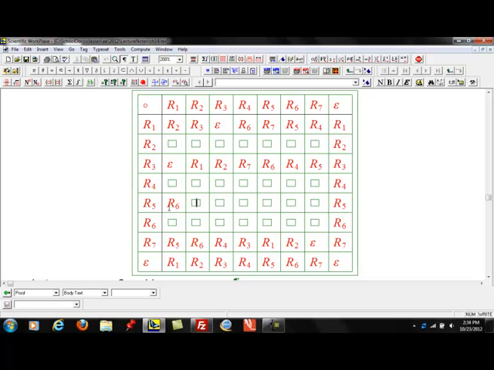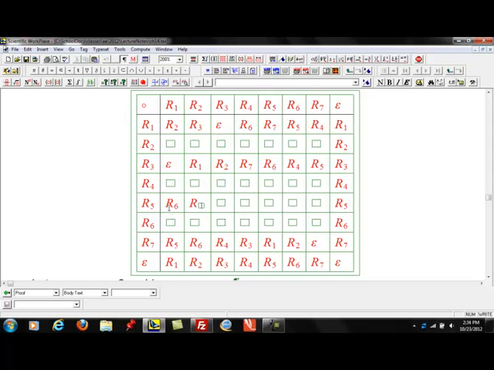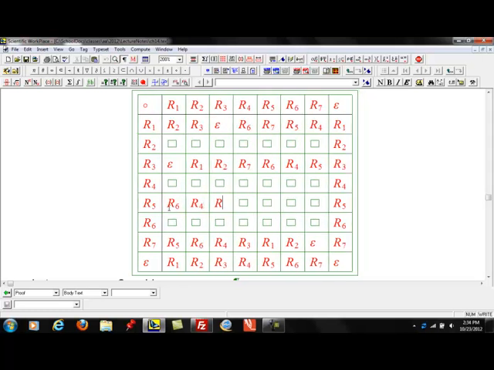R6? Oh, that's R3. Can't have multiple 2's in there. How about row 6? We left Thomas all alone on that one.